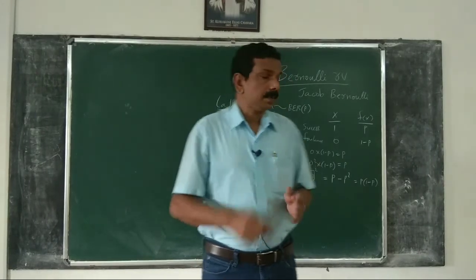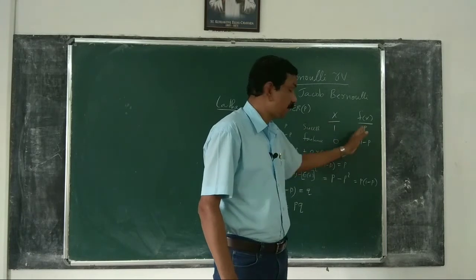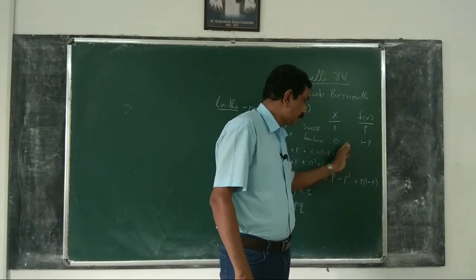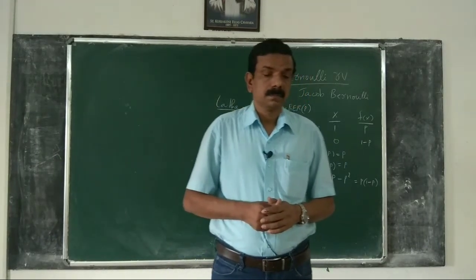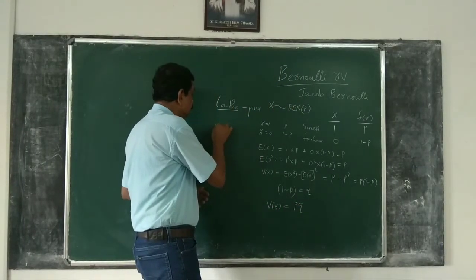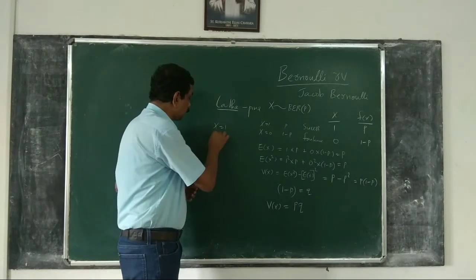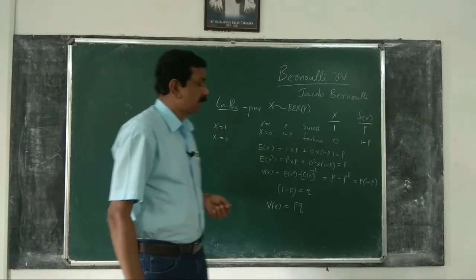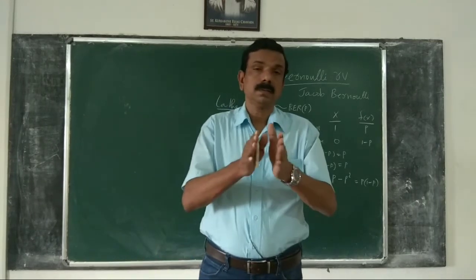It has a probability p that the lathe will produce a good pin, and the probability 1 minus p that it will produce a defective pin. So we denote X as equal to 1 if the lathe produces a good pin, X as equal to 0 if the lathe produces a defective pin. So X follows Bernoulli distribution.